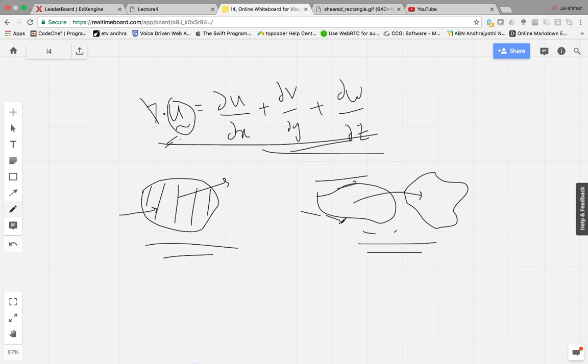There is a shear stress and some pressure, so this will continuously deform, elongate, compress. There is a change in volume here. So the physical interpretation of divergence of velocity is, one thing, change in volume. Another thing is straightforward: if you ask a mathematician, he will just see it like this.